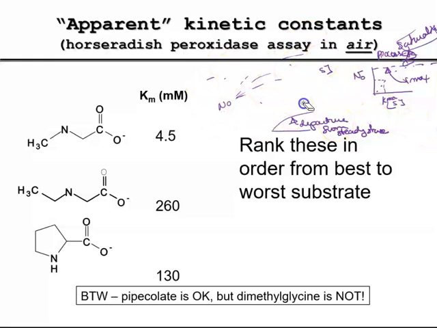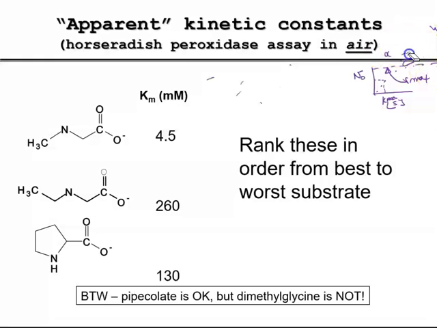All right, so we get graphs that look like the graph that you see here, and from this graph we're able to measure our Km and Vmax.